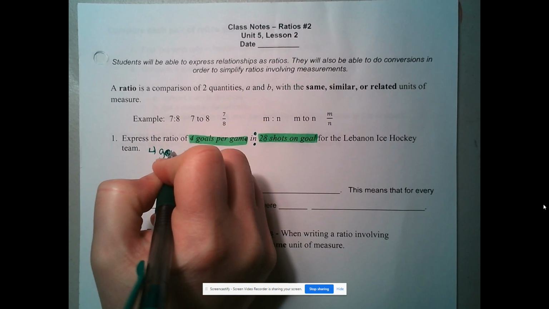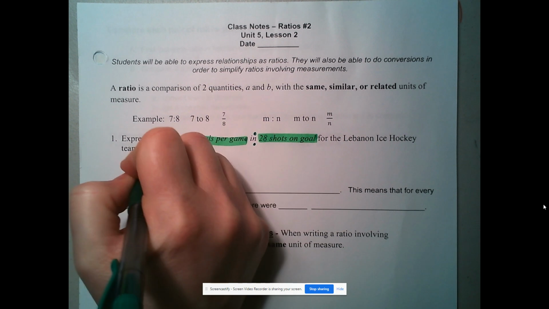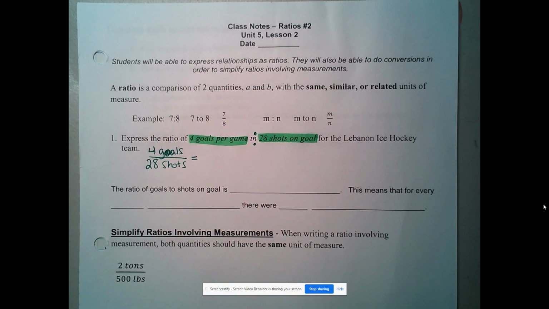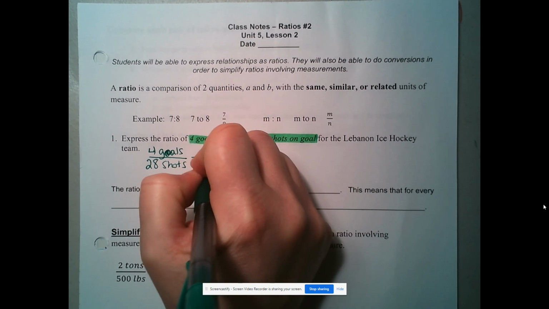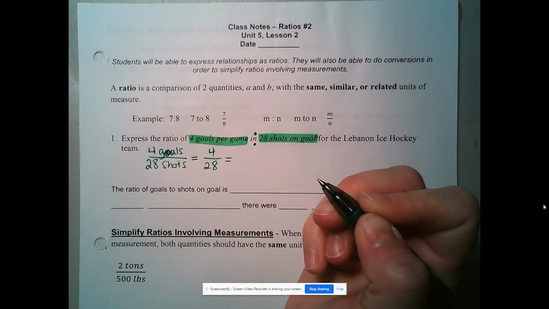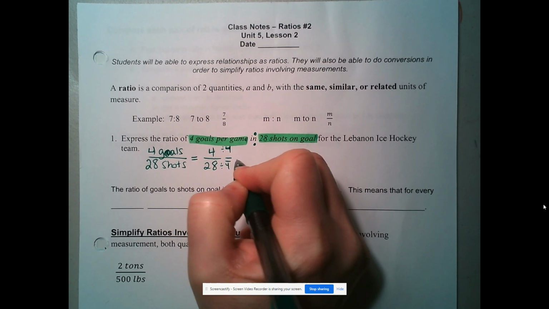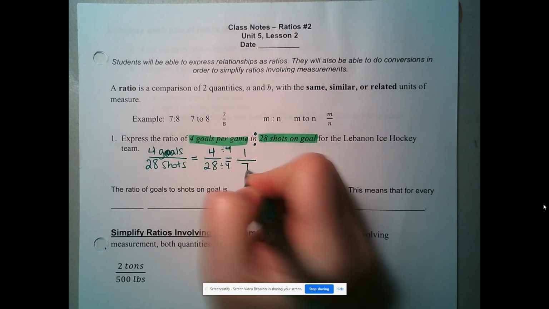goals over 28 shots, and we've got to keep it in the same order. So then we'd want to say, can we put a 4 to 28 ratio in lowest terms? 4 and 28 are both divisible by 4, and we would get a 1 to 7 ratio.